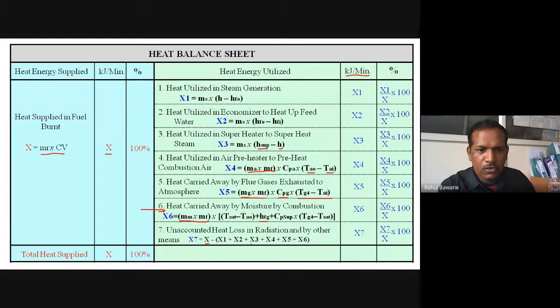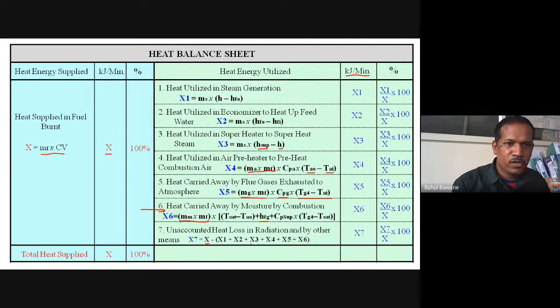Because some heat is lost by radiation, some heat is utilized to heat up all the boiler parts, boiler accessories, its enclosure, atmosphere. So all this heat is actually utilized there. That is a loss, and there is no formula to calculate those. So we consider all those heat losses as unaccounted heat.